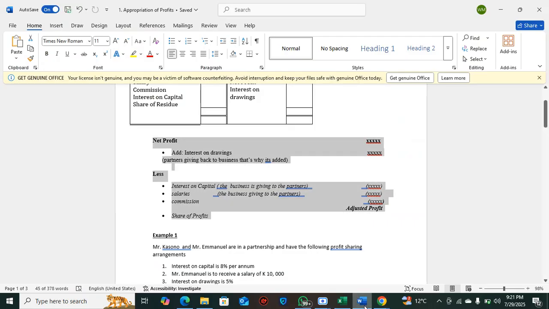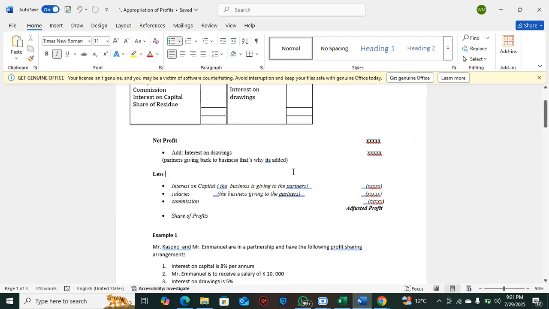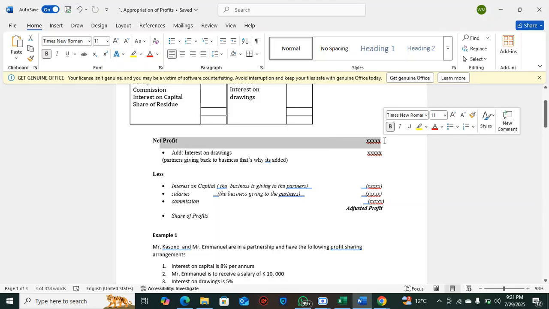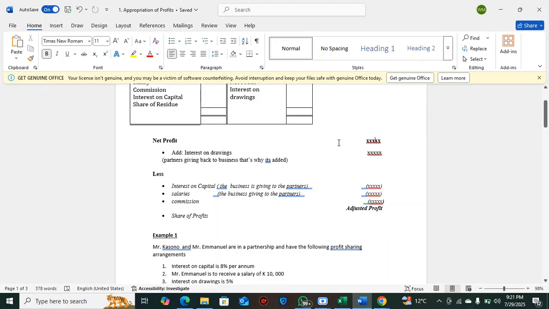So in the appropriation account, the first thing after you've got the net profit from the trading account, this appropriation account comes after you've calculated the net profit or loss for the partnership.